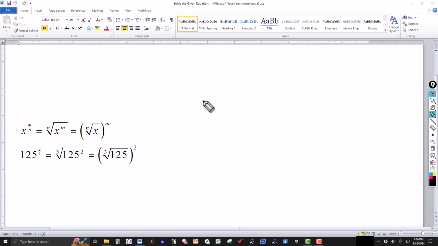Let's try that with a smaller number here. Let's say the base is 8 and the exponent is 2/3, and let's say I wanted to work this out. I could write it this way. 8 can be written as 2 to the 3rd power. 3 factors of 2 is 8.